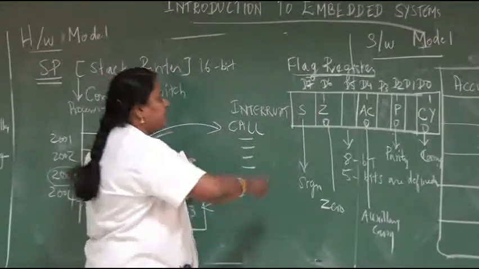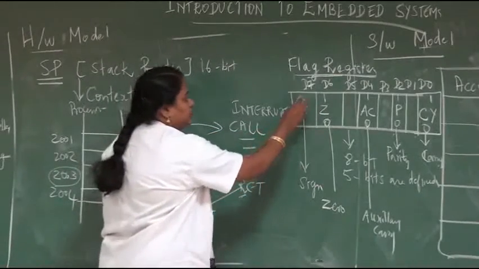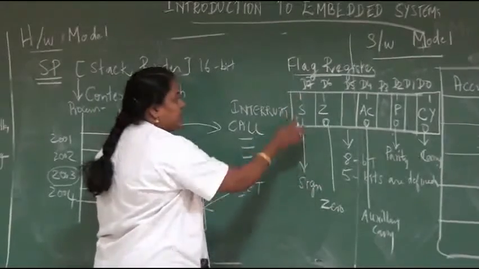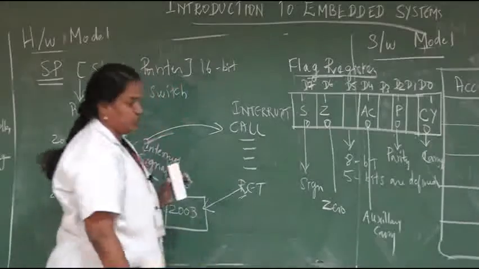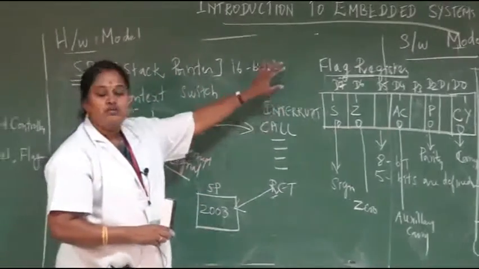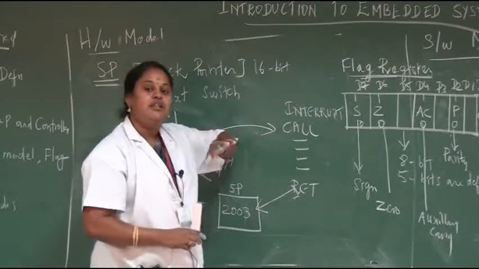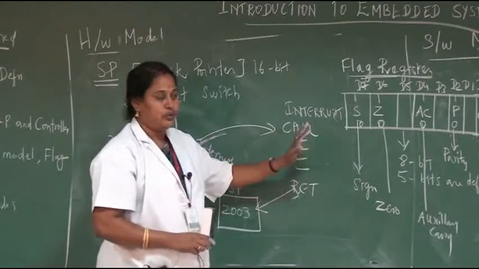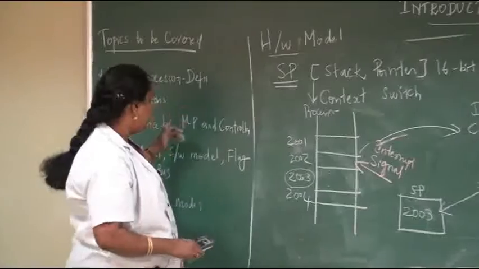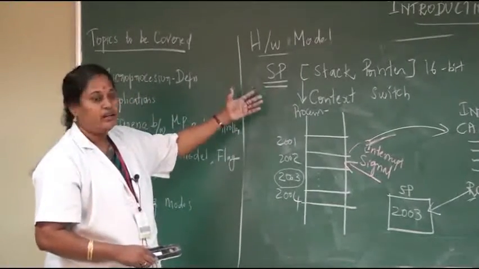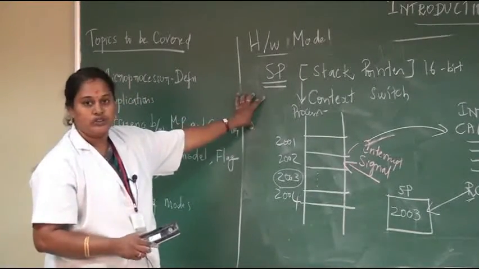S stands for sign flag; if it is a negative result, the S flag is set as 1, and for a non-negative result it is set as 0. So as a whole, the flag register reflects the result of the previous arithmetic operations. So far we have seen the hardware model and flag register of a processor.